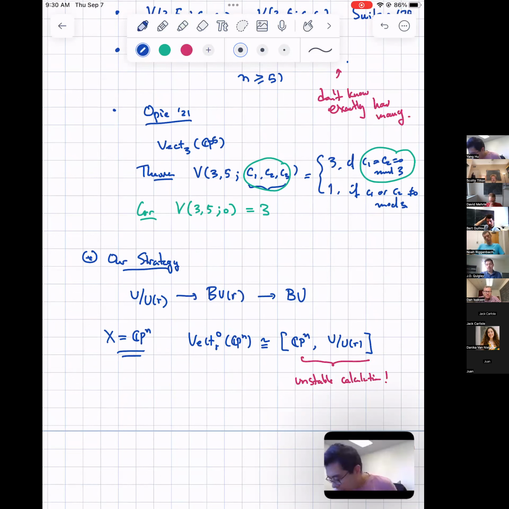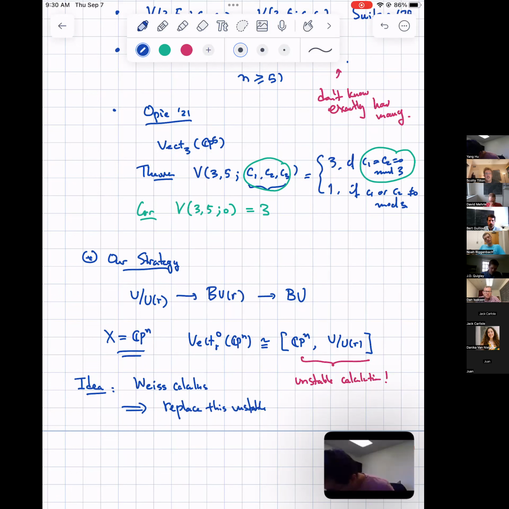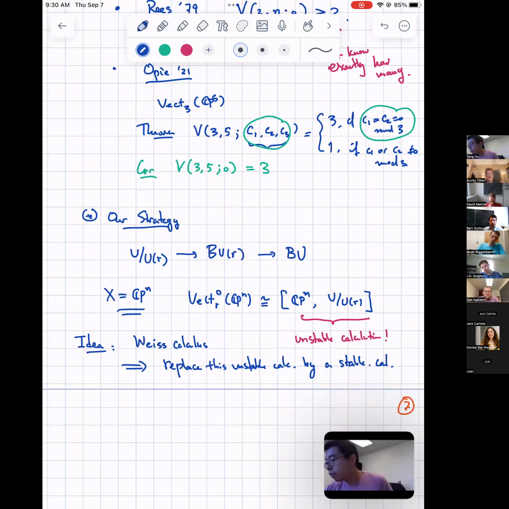So our idea is to use a modern tool, which is Weiss calculus, to replace this unstable calculation by a stable calculation. And of course, there's a price to pay. We need to work through a range, and that is exactly the metastable range.